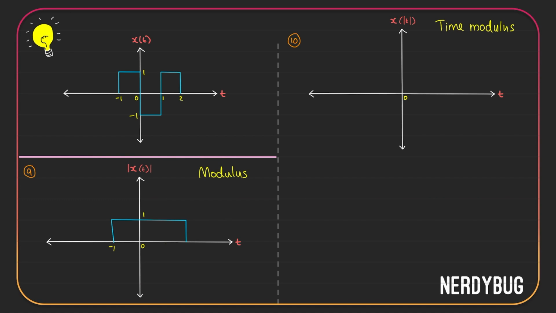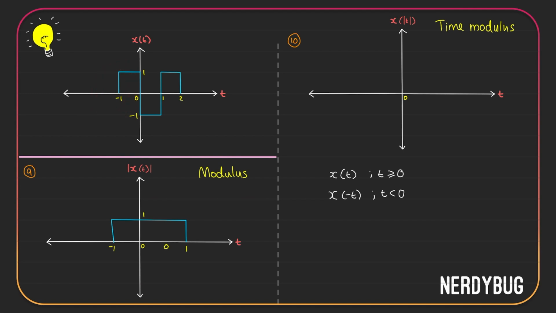When you take time modulus, you have to take x of t for all t greater than or equal to 0, and then you have to take x of minus t for all t less than 0. So technically what happens is your graph will be symmetric about the y-axis. Whatever happens over here will be exactly what happens over here.